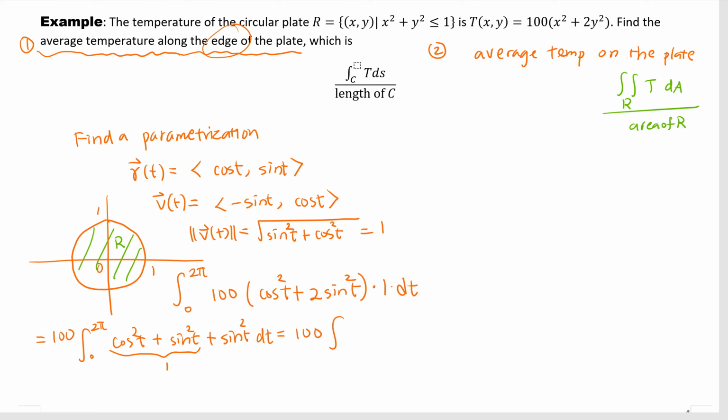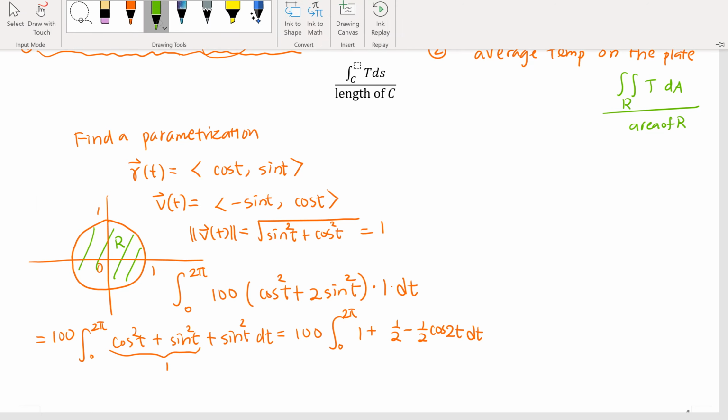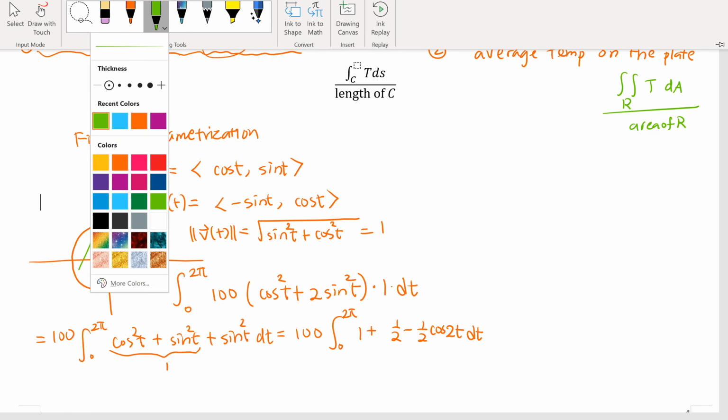Okay? And then what is sine squared? Well, here we use the double angle formula. Sine squared is 1/2 minus 1/2 cosine 2t. So I hope you're familiar with the double angle formula.